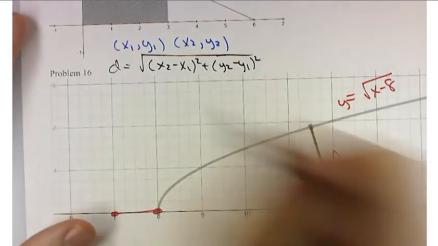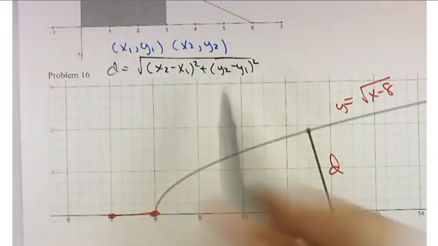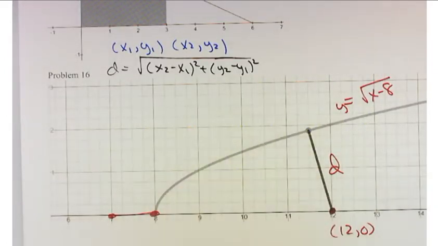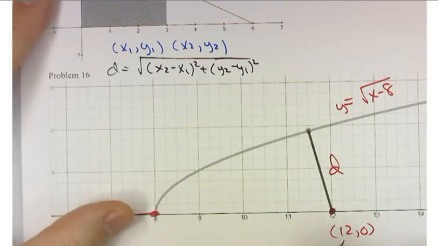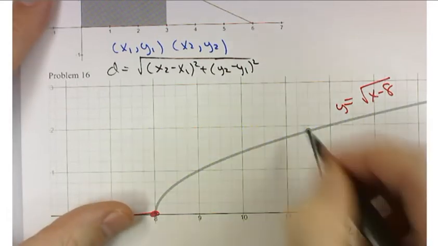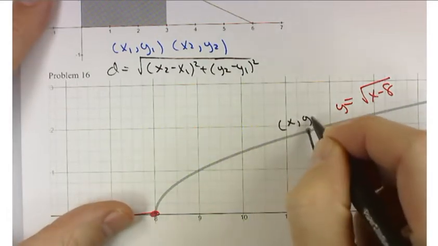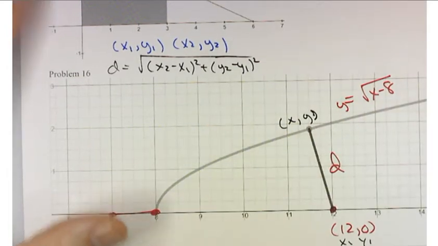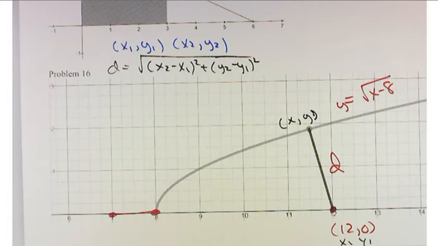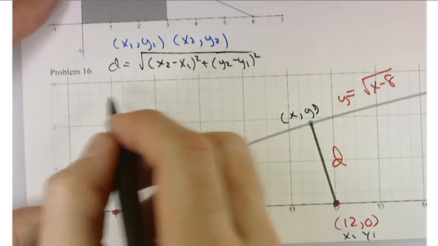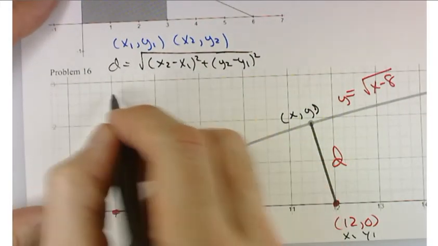So picture function, well, this kind of depends on 2 points right now. I mean, here's one of our points, x1, y1. I'll give this a generic x and y as our second point. So our distance formula is going to be this.